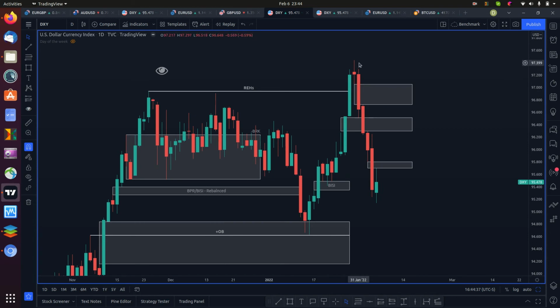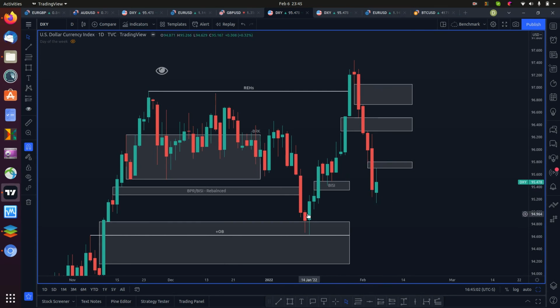This is the SMT divergence that we're referring to here, that this is going to go down. The one I explained earlier on the slides, that when this happened, we knew that this was gonna go down here due to SMT divergence. And now price is about to reverse here.